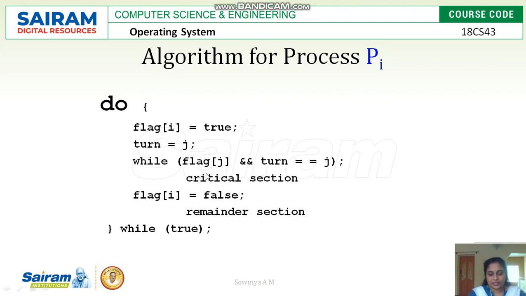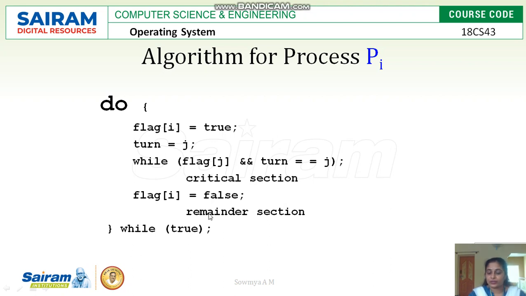Once the critical section work is done, the flag value is set to false. After setting the flag to false, the process Pi cannot enter the critical section. Then the next process can set its flag value to true and enter the critical section, and then we have the remainder section, the code to be executed after the critical section, and then exit from the while loop.